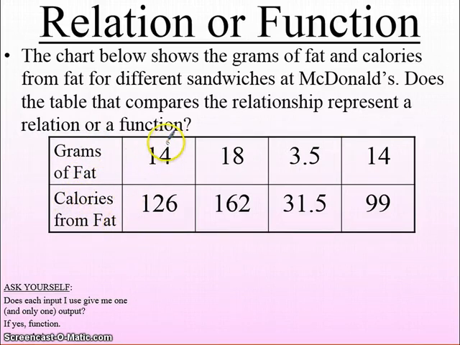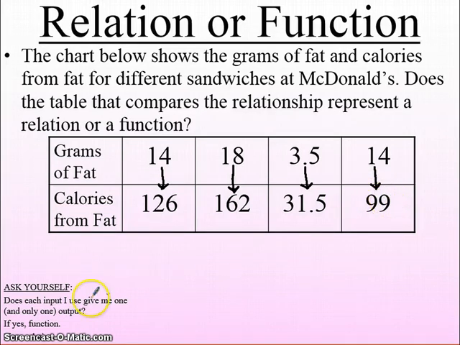The first sandwich has 14 grams of fat, which results in 126 calories. The second one has 18 grams of fat, which results in 162 calories from fat. The third one has 3.5 grams of fat and has 31.5 calories from fat. And the fourth one has 14 grams of fat and has 99 calories from fat.